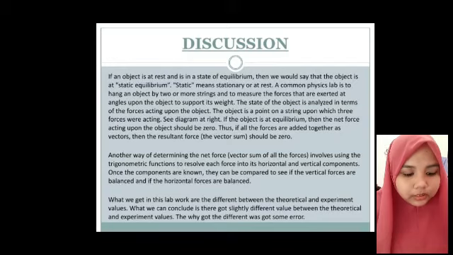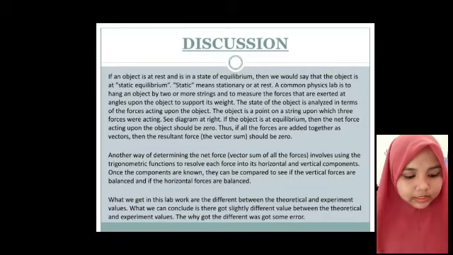Another way of determining the net force involves using the trigonometric functions to resolve each force into its horizontal and vertical components. Once the components are known, they can be compared to see if the vertical forces are balanced and if the horizontal forces are balanced.